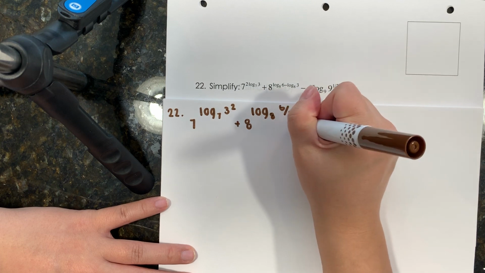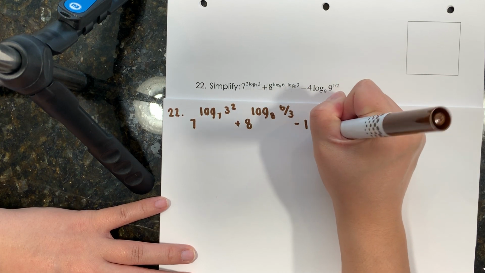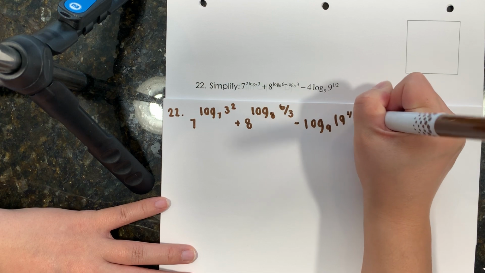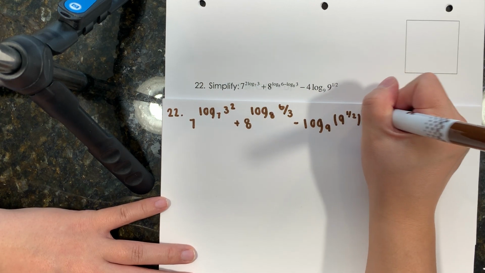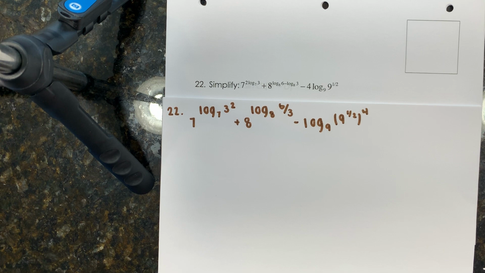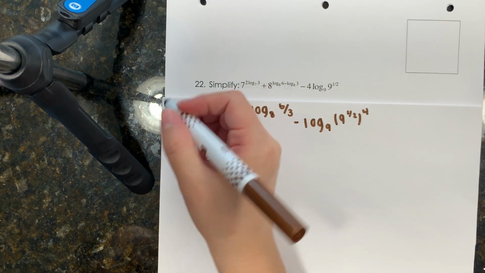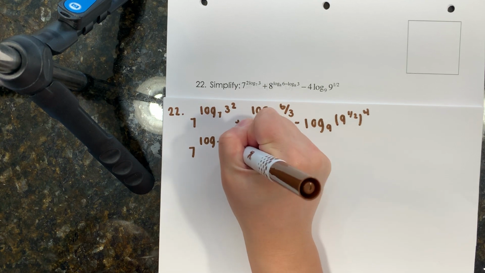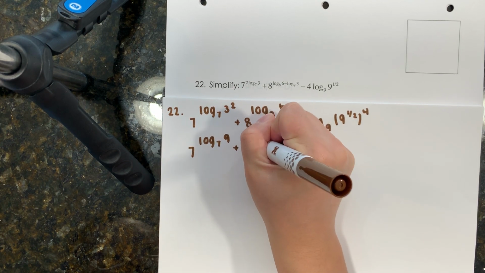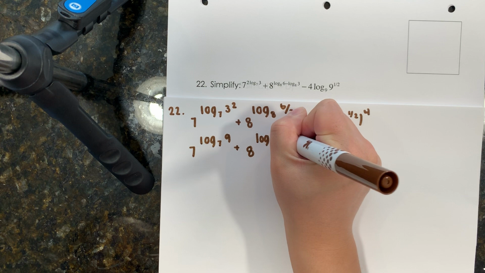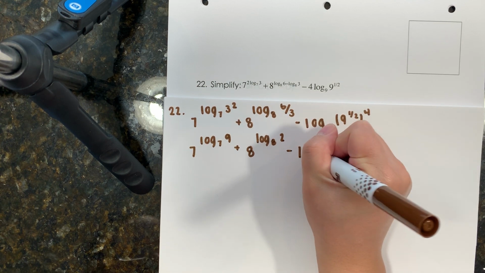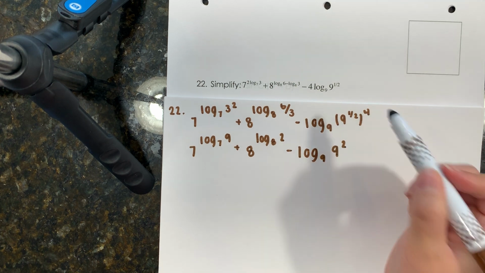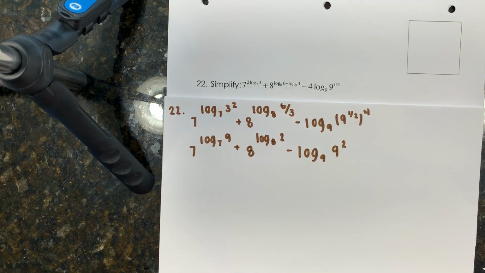This last one, there's a 4 outside the logarithm. So that means that that gets raised to the power, even though there's already a power. So now I have 7 to the log 7 of 9 plus 8 to the log 8 of 2 minus log 9 to the 2, because 4 times 1/2 is 2.